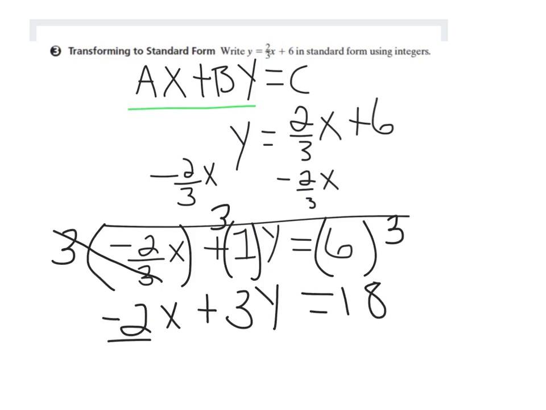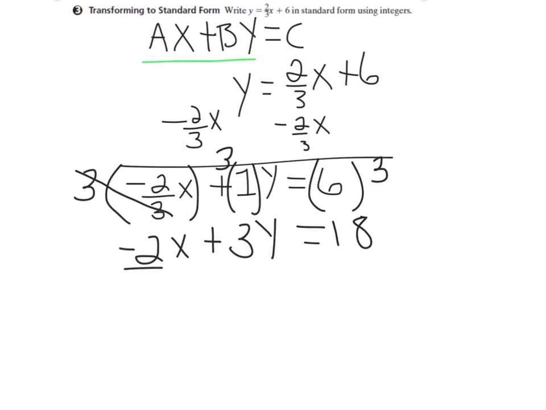So now, if you look at your standard form of this equation now, we have negative 2x plus 3y equals 18. For some textbooks, some math teachers will let your a be negative. I personally would like you to avoid having this a value be negative and think about how we can change that to a positive.